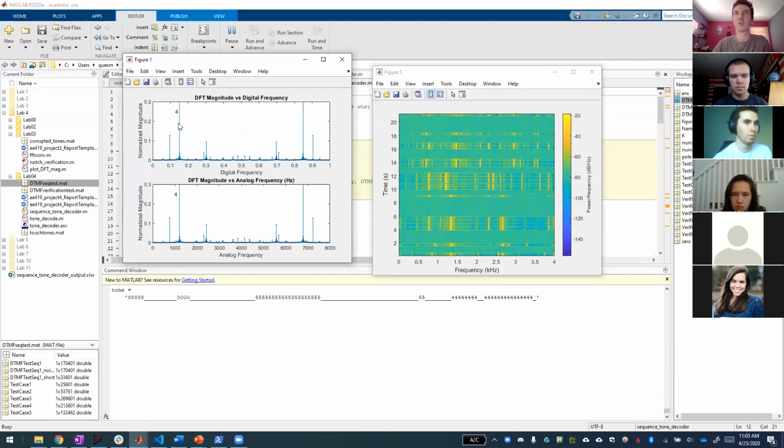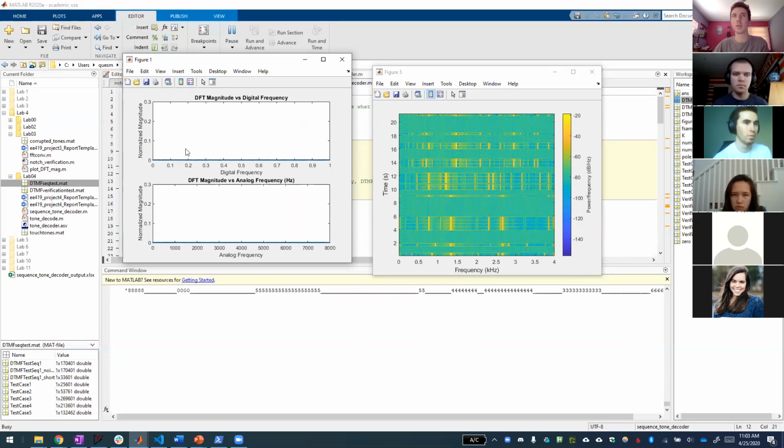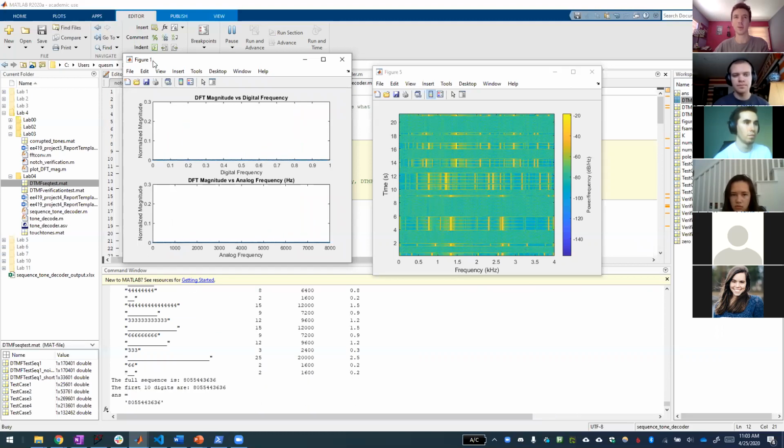Even if you have some noise in your signal, you usually can pick out what note is actually being played, just because the noise is distributed across the entire frequency spectrum, whereas your magnitude is going to be pretty pure and a lot stronger. So yeah, very useful to be able to take an FFT and look at it.